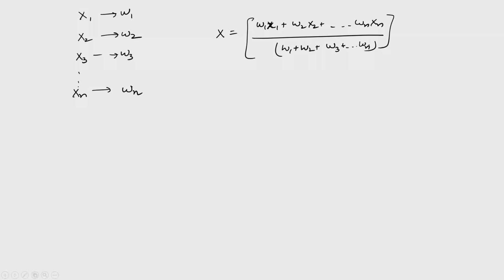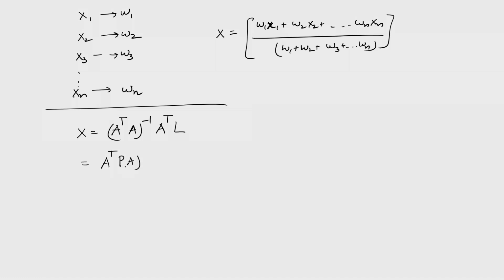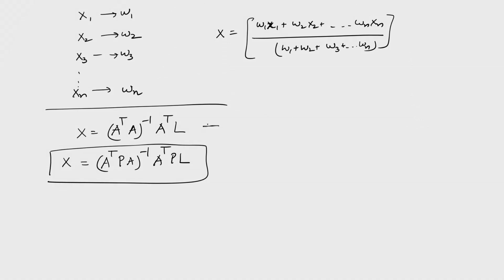I would like to modify the solution. When we write x equal to (ATA) inverse ATL here, if we consider the weight, then let us see there is a weight matrix P. So I write (ATPA) inverse ATPL. So what is the weight matrix here? In this case, we have assumed that the weight matrix is the identity matrix, or 1, 1, 1, 1, and all others are zeros, a diagonal matrix.